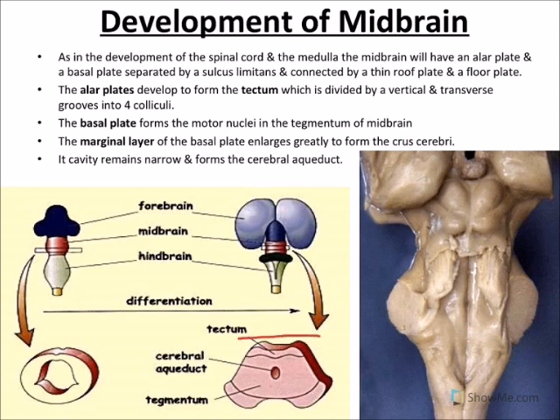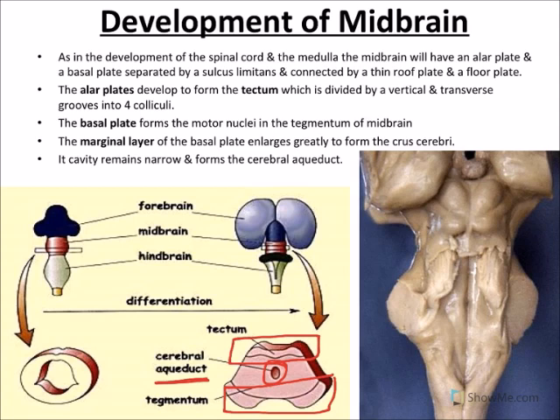The dorsal part of the midbrain is called the tectum, and the ventral part is called the tegmentum. And the cavity between the ventral and dorsal parts is the narrowest part of the connection of the ventricles. It's called the cerebral aqueduct of Sylvius. So the tectum will develop from the alar plate, and the tegmentum will develop from the basal plate.